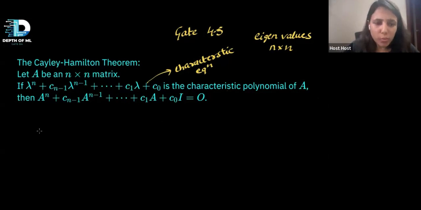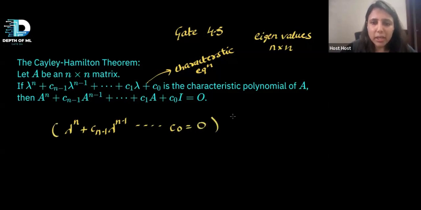What we know is that when we find the characteristic polynomial of an n cross n matrix, it is lambda power n plus c n minus 1 lambda power n minus 1, and so on, plus c 0, equal to 0. This is the characteristic equation.